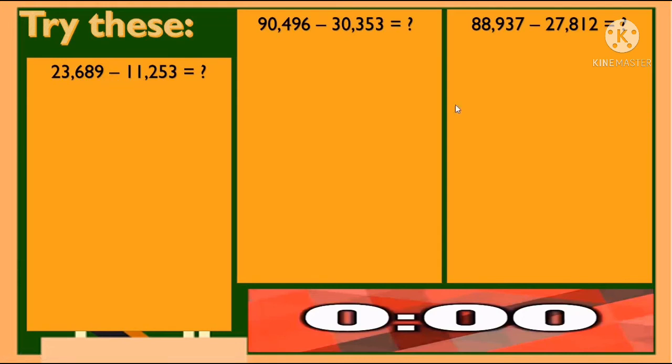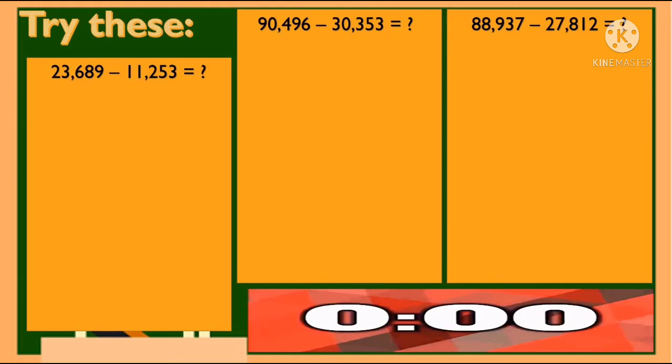Minus 11,253 equals blank. Okay, so our first step is we need to line up the numbers.